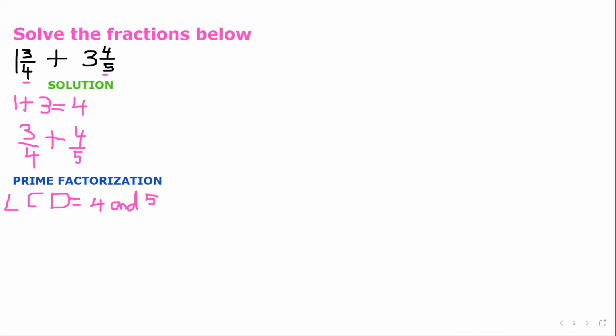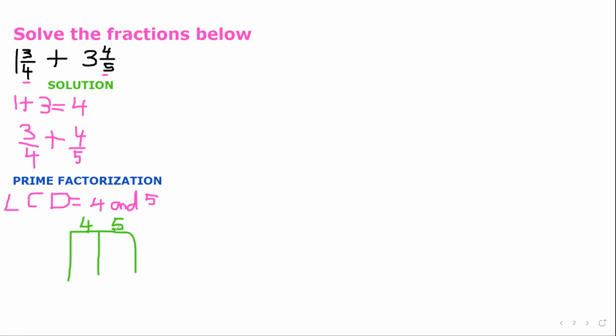So you construct your table here. You have the 4 here and the 5 here. Good. Now you choose a number that can divide 4 and 5 at the same time, but 4 is an even number and 5 is an odd number. You cannot get any common number to do that, so you have to use the numbers themselves.